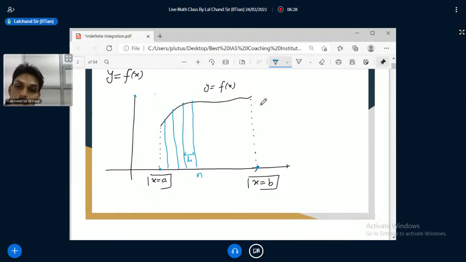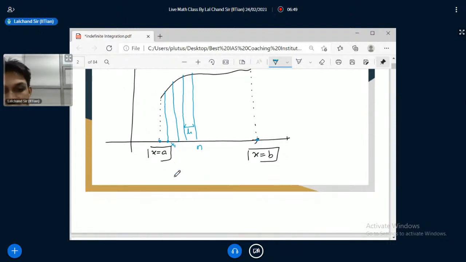So how do we calculate the area under this curve? By using this approach. We are dividing this area into small segments so that we can consider each narrow strip as a rectangle. If this point is x equal to a, what will be the value of this point, x1?